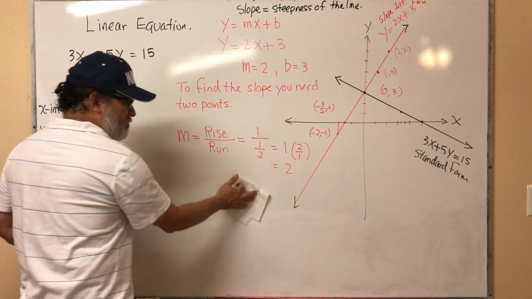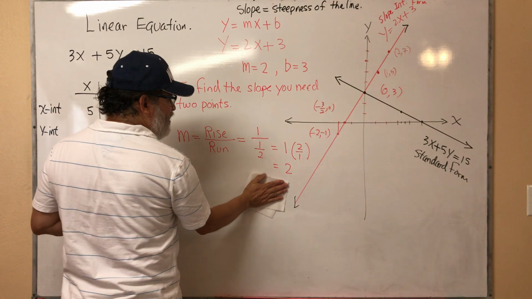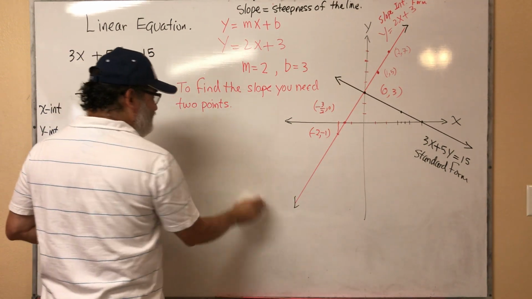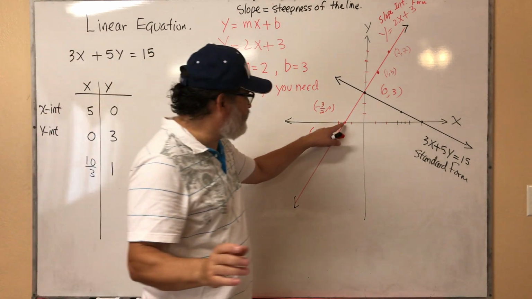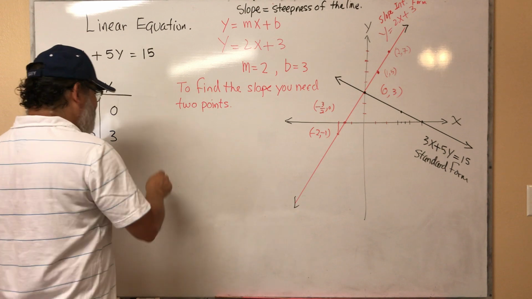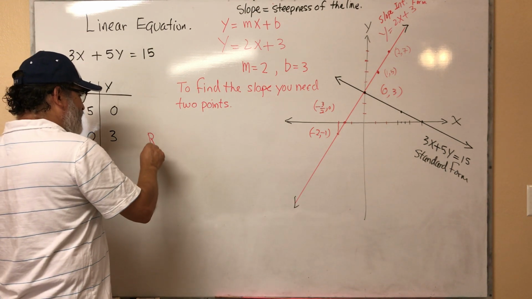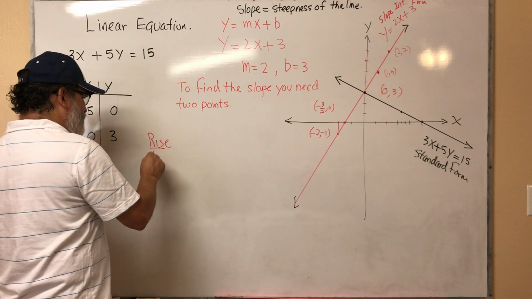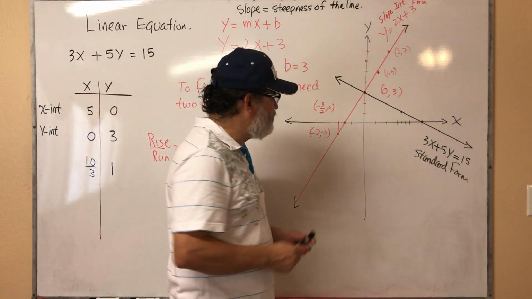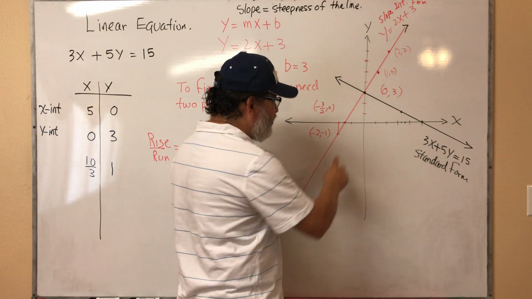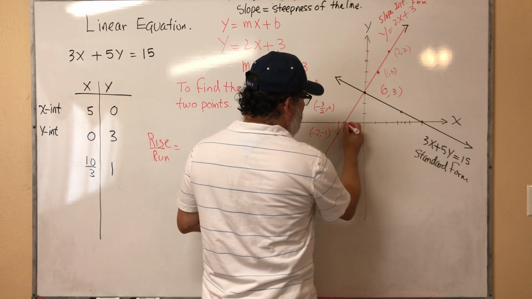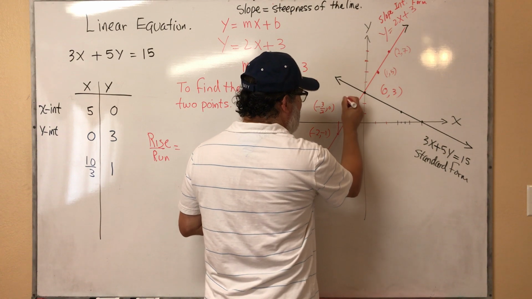Let's do it again. Okay, I'm gonna erase this because I need the room. So I went from this one to that one, and I got 2. Do it again. Slope. Rise over run. Okay, where do you want to go? You want to go from this one to that one? Sure. Let's go up, rise.